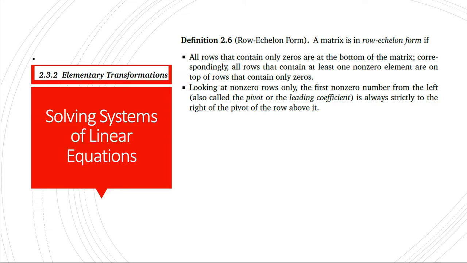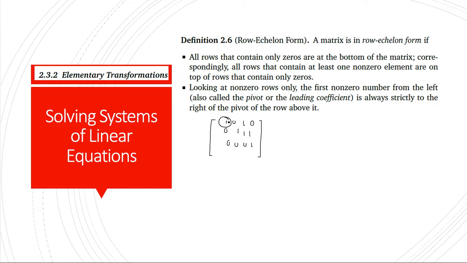So the example is, if you get this matrix, you can see that all rows containing only zeros are at the bottom of the matrix. Correspondingly, all rows that contain at least one non-zero element are on top of rows that contain only zeros.